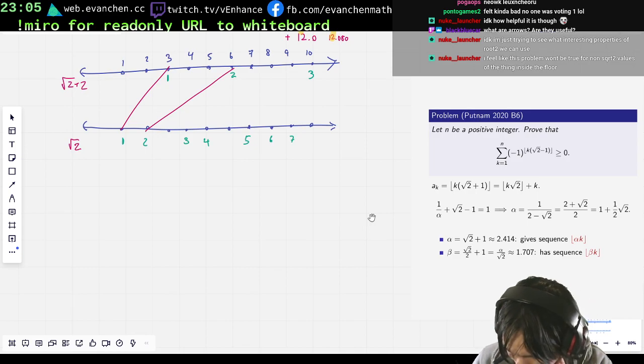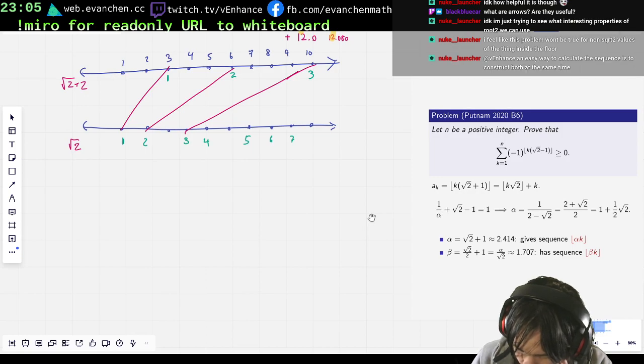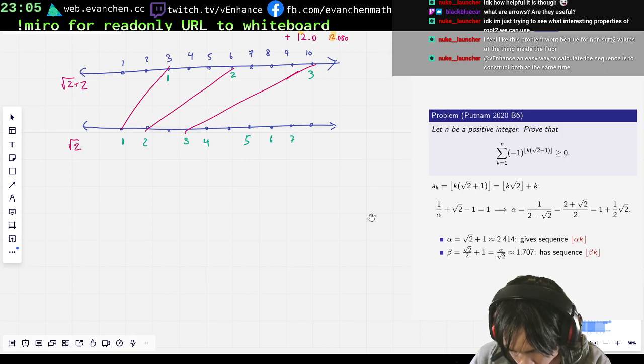See, the problem is that even if you know they're the average, it's not literally the average of the numbers, is it? Oh, no, it is, because their fractional parts match. Okay, fine.